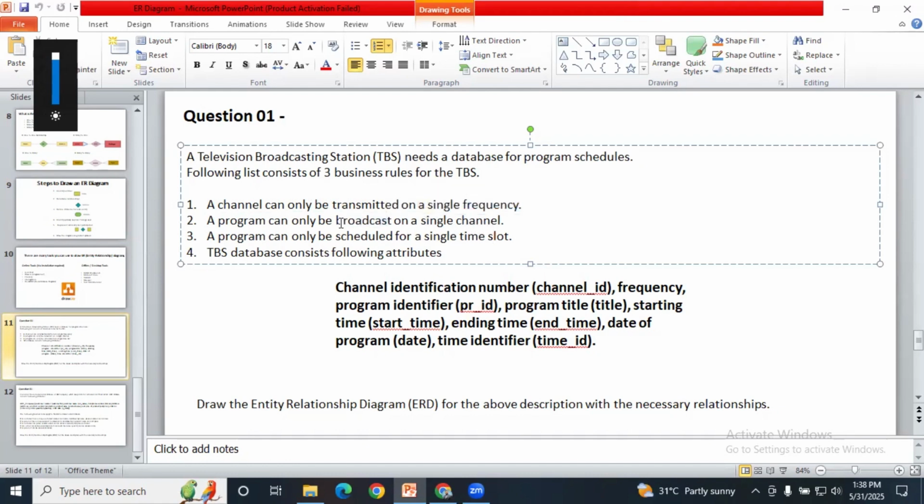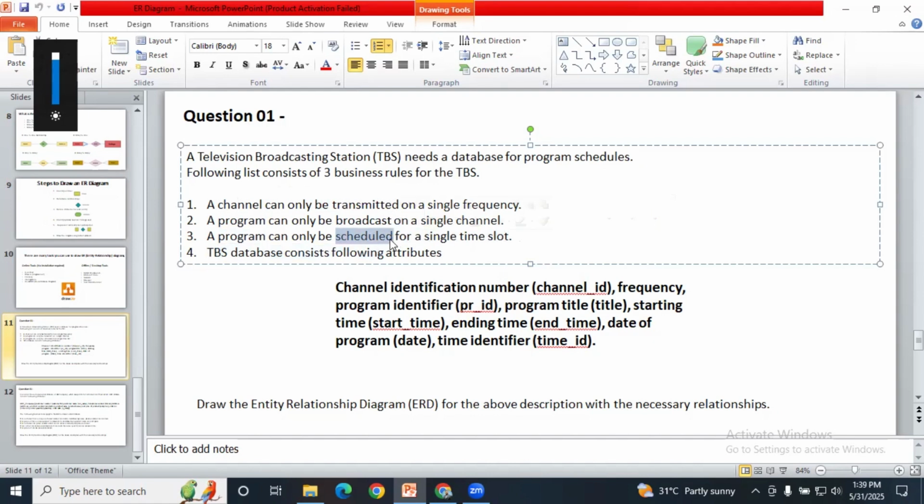That is the relationship between the two entities. In the third one, they are saying a program can only be scheduled for a single time slot. In this line, there are two entities. The first one is program. The second one is what? Time slot. So what is the relationship between the two entities? They are saying scheduled. So you can get the relationship as schedule.